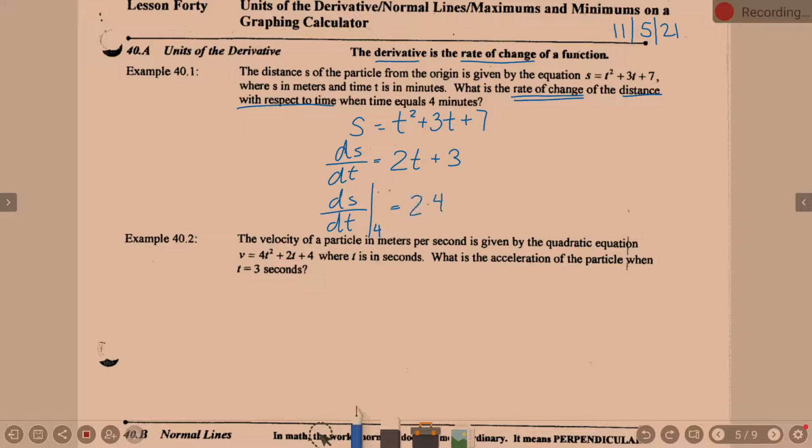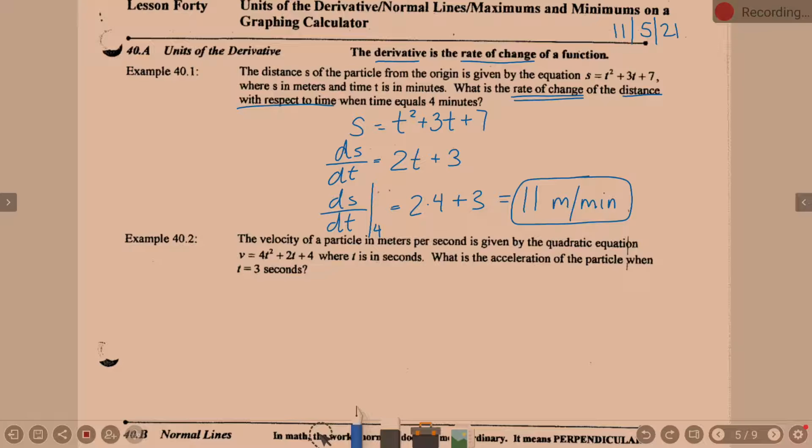So 2 times 4 plus 3 is equal to 11. 11 what? Meters per minute. Because remember, this was the rate of change of the distance with respect to time. So this is 11 meters per minute.